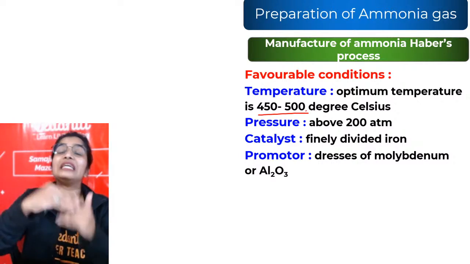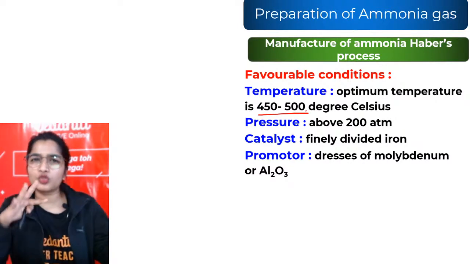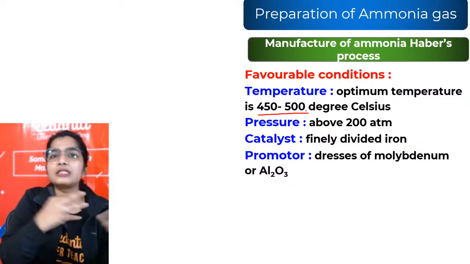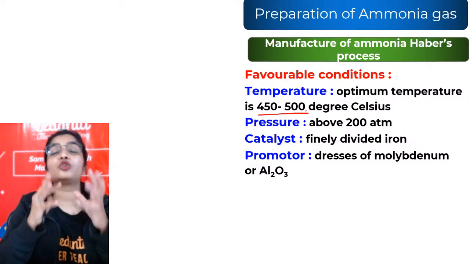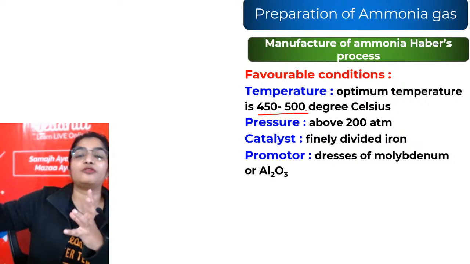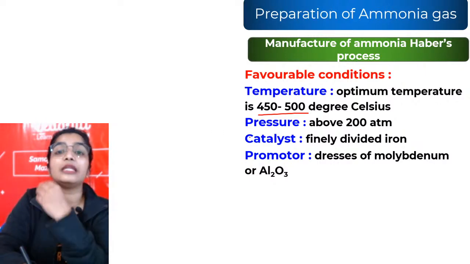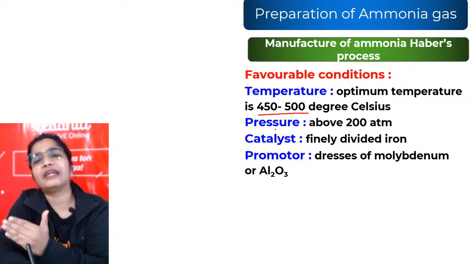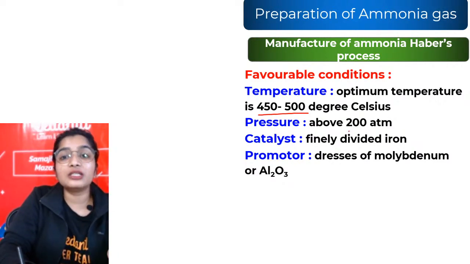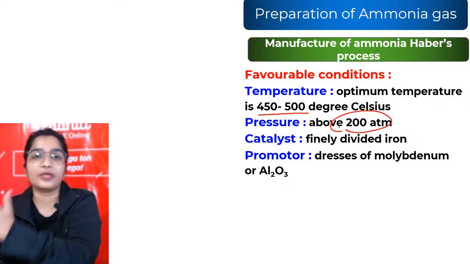But this nitrogen and hydrogen reaction is not spontaneous, because it's a reversible reaction, right? To make sure that the reaction moves in the forward direction, it is necessary to heat it. So the optimum temperature is 450 to 500 degrees Celsius, and the pressure is about 200 atmospheres.